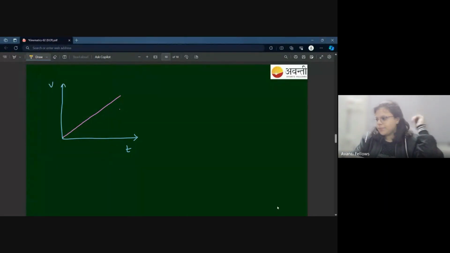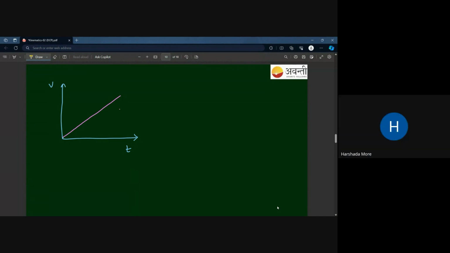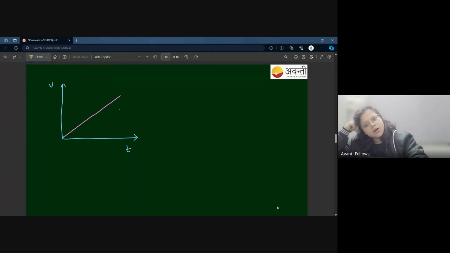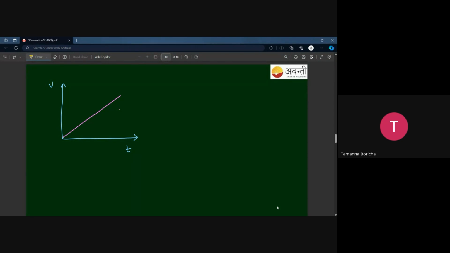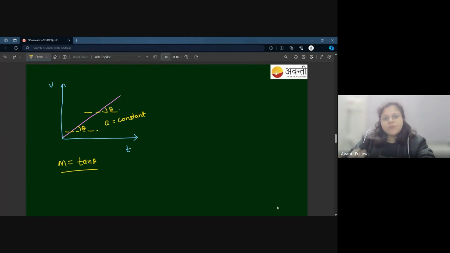Now tell me, what are you getting from this graph? Acceleration. The acceleration is the same the whole time. Yes, Tamanna. So you can say acceleration is constant here. Why? Because at any instant, if you draw this theta, it is going to be the same. And if theta is the same, you know m equals tan theta, so tan theta is the same, then the slope is constant.